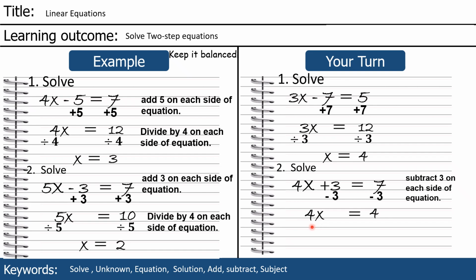Now we have x multiplied by 4 being equal to 4. So the last operation that was done to x is multiplying by 4, and the reverse of multiplying by 4 is dividing by 4.